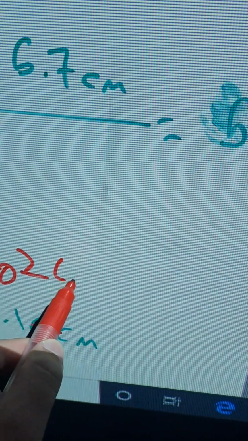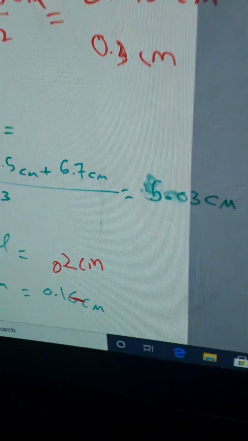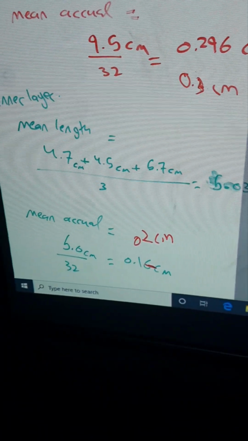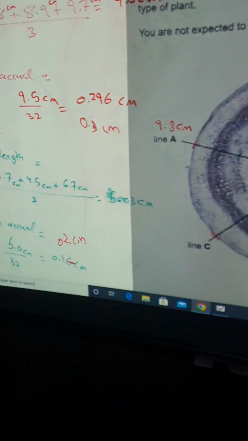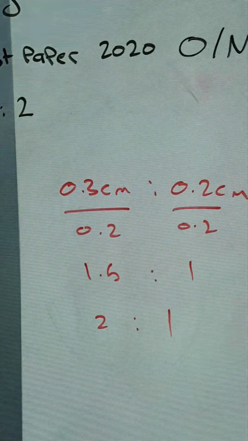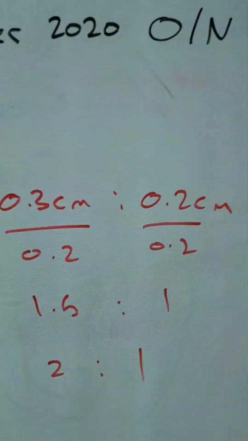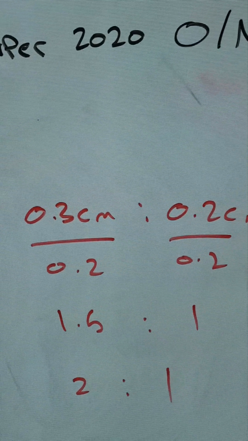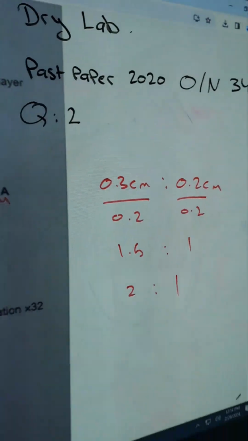Okay? Now for the last branch of this question, you need to make a ratio between the mean actual length. If you read the question, you will see that the examiner asks you to make a ratio. You're going to make the mean actual length for the outer layer and the inner layer. It's better to write outer and inner.